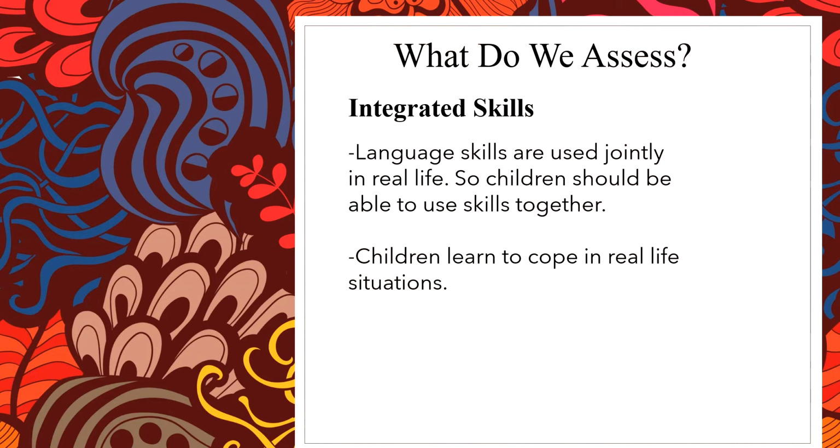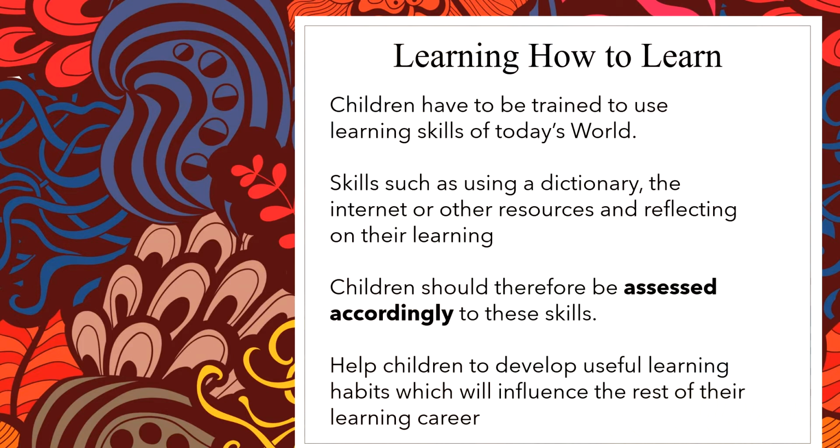Integrated skills, which is using multiple skills at once. Language skills are used jointly in real life, so children should be able to use skills together, and by being able to use multiple skills at once, children learn to cope in real life situations. Learning how to learn.